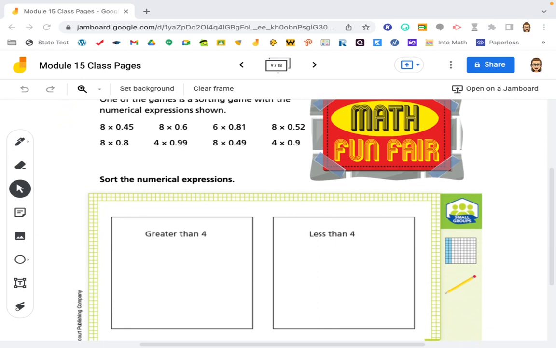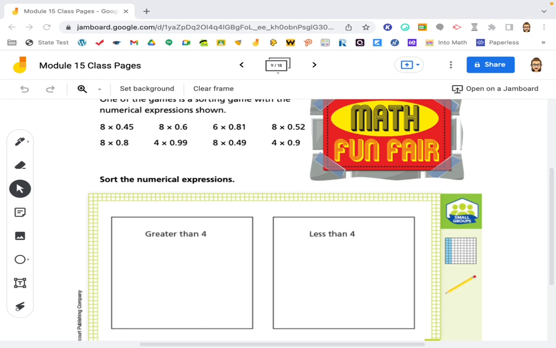Now, I could multiply them all out and sort them that way. Or I could think, well, 8 times a half, or half of 8, is 4. So I know that if my decimal is less than a half, the product is going to be less than 4.